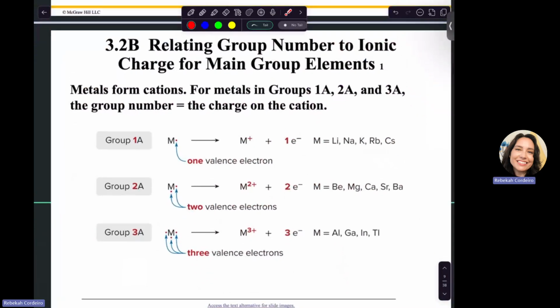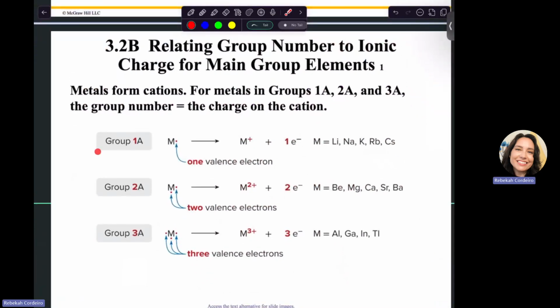So here are some other examples. Everybody in group 1 has one valence electron, so they like to lose one electron, which means they'll become +1. So everybody in group 1 becomes +1. The group number is the charge on the cation.